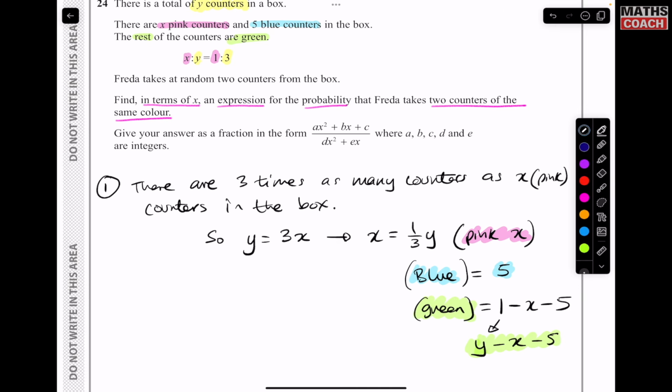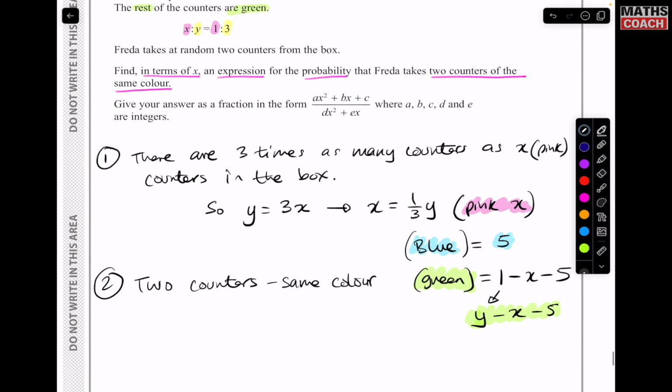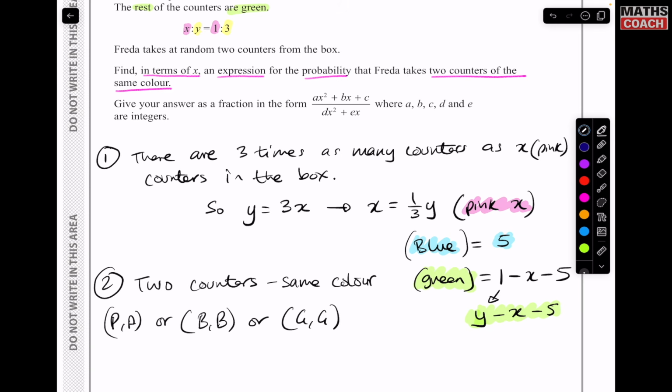Step number 2. We want to take 2 counters of the same color. That means I want to take a pink and a pink, so an x and an x, or a blue and a blue, or a green and a green.